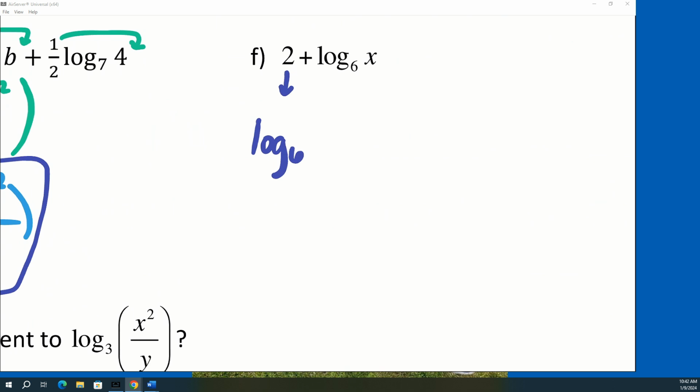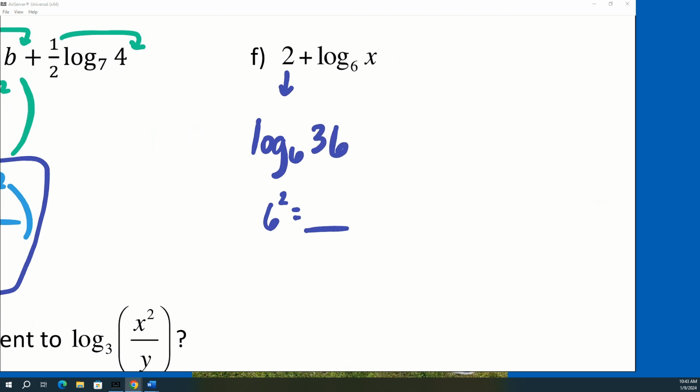What's in there would be what you would get if you did 6 to the 2nd power, which is 36.